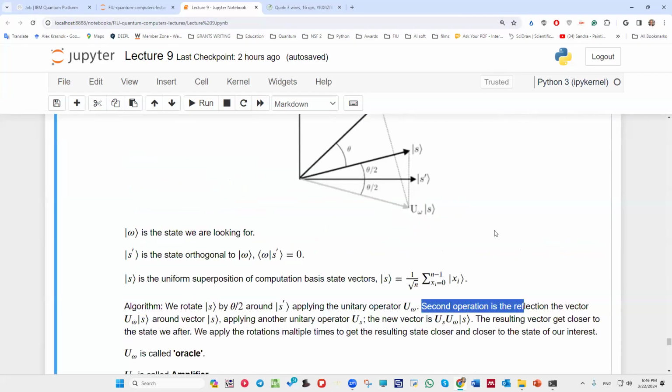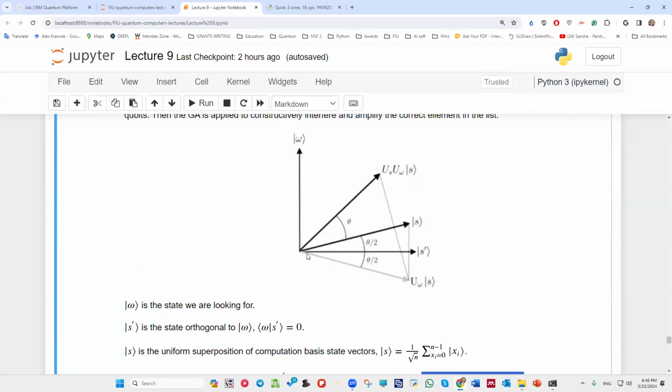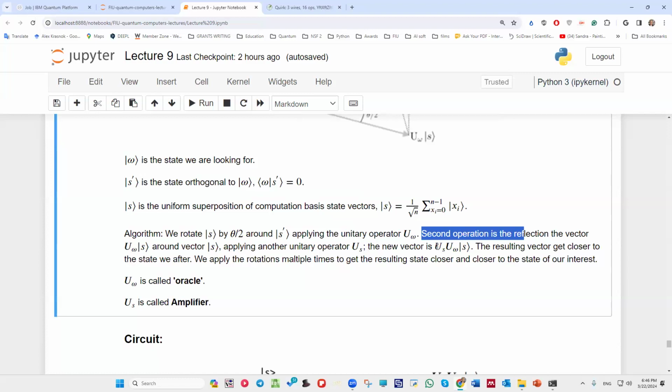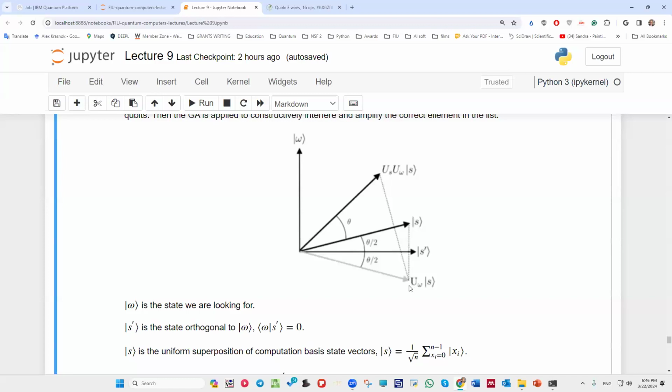Second, we apply another operator to this new one. We call this operator US here, to rotate this vector U omega S around the vector S, this superposition state vector, again, I remind you, created by the Hadamard gates we applied to the qubits.